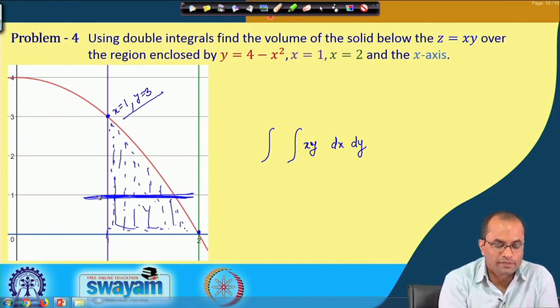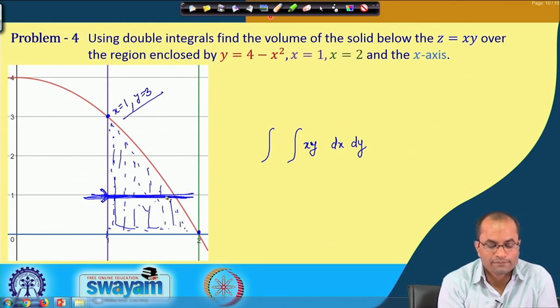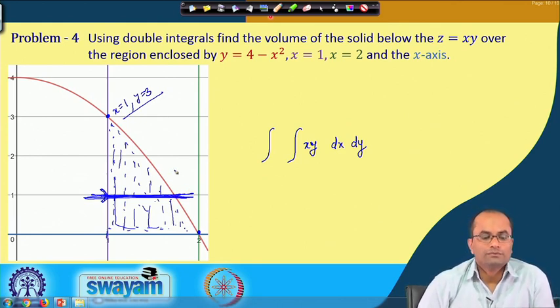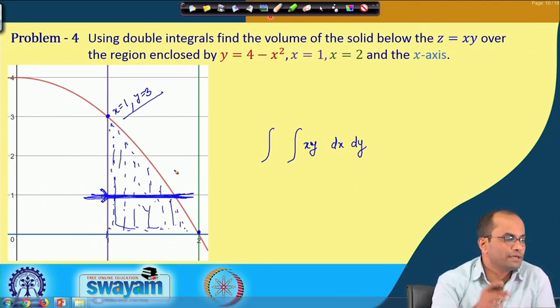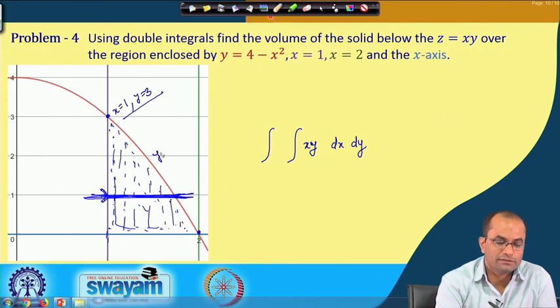So, always we are entering the domain from x is equal to 1, and the exit point is this parabola y is equal to 4 minus x square. From there we can get x is equal to square root of 4 minus y.